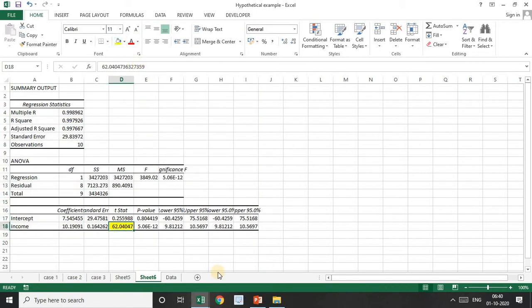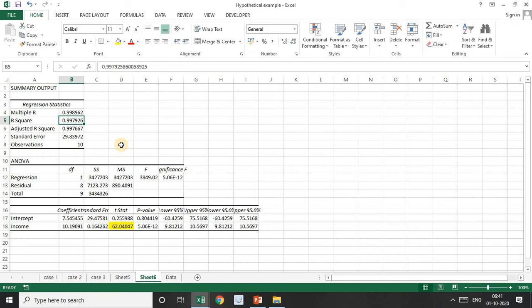wealth as a function of income, here also the t stat is very significant, and look at this R square, it is also 0.9979. That means income and wealth, in both cases, changes in these variables are better explained by changes in the other variable.